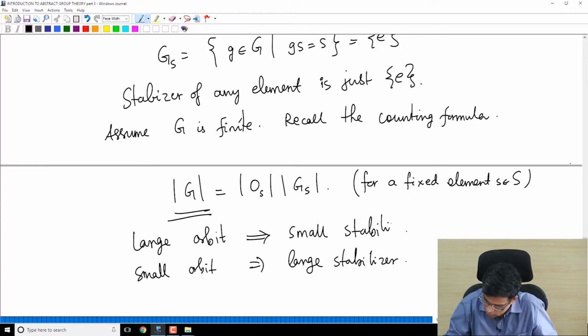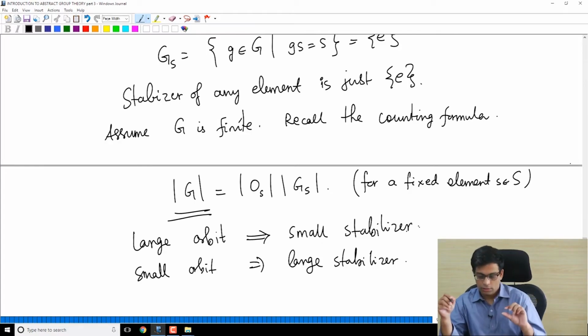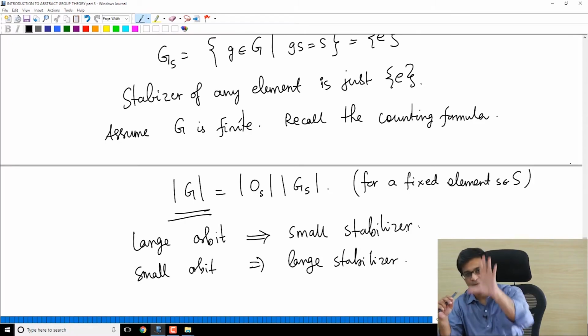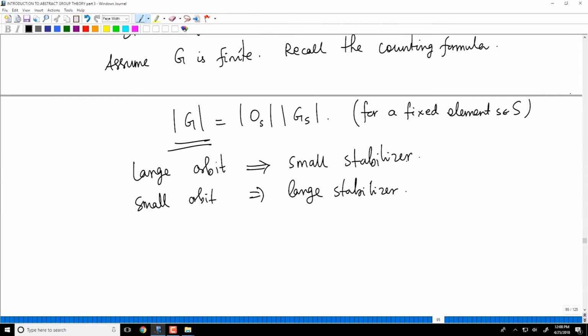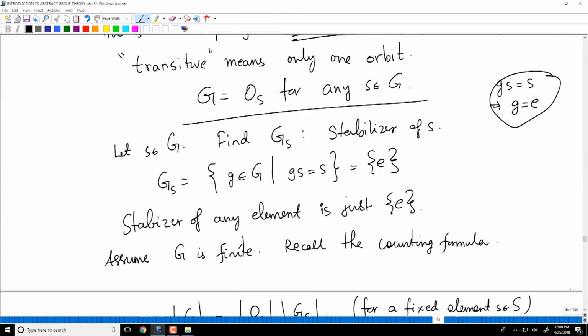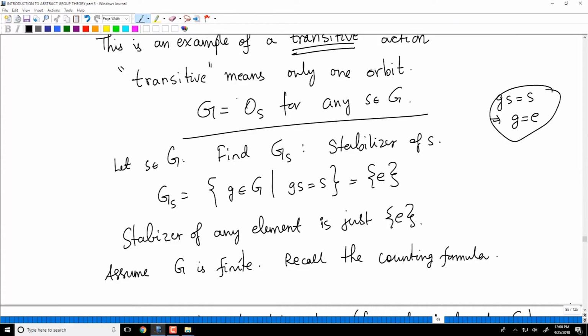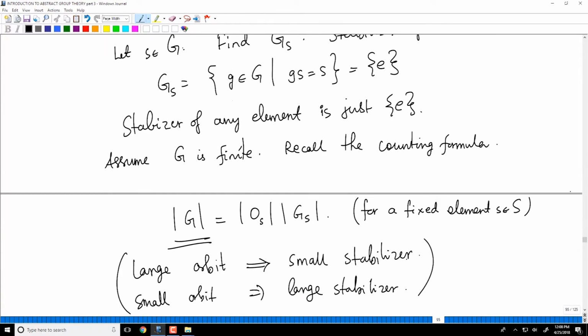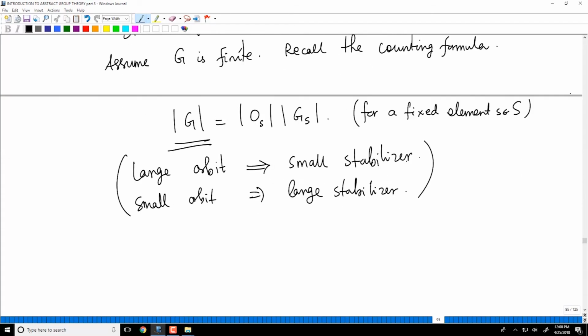Correct? A small orbit means O_s has a small number of elements, so G_s must make up for it because the product is the order of G. So very loosely speaking, this is a heuristic that you should remember. In this case, for the group action given by left multiplication, the orbit is as big as it can be, so the stabilizer is as small as it can be: one element, versus all elements.